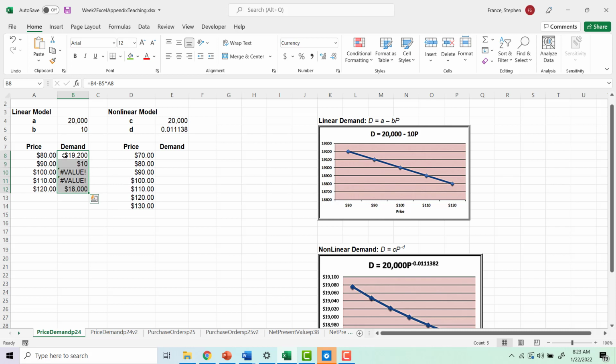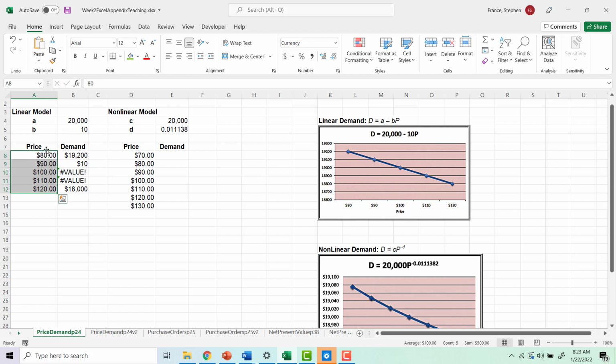Whoops, something's gone terribly wrong. What's happened is you see this is B4 minus B5, so these are parameters times A8. Now, the next one is B5 and B minus B6 times A9. It's like, what?